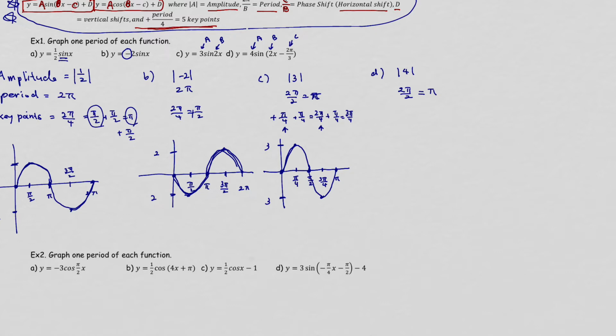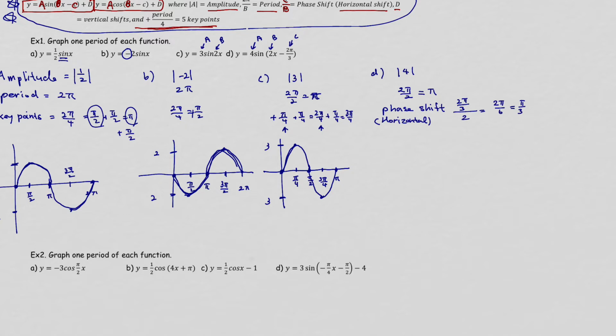So horizontal shifting is going to be, let's see, C over B. So your C being 2 pi over 3, your B is 2. When you simplify that, it will be 2 pi over 6, which is pi over 3. So that's the horizontal shifting.